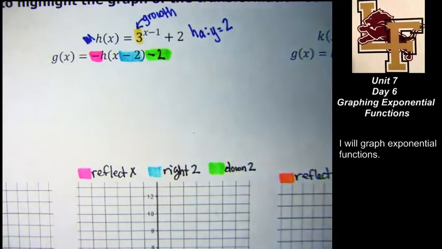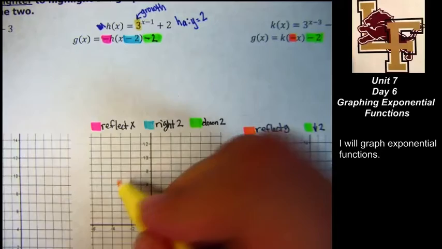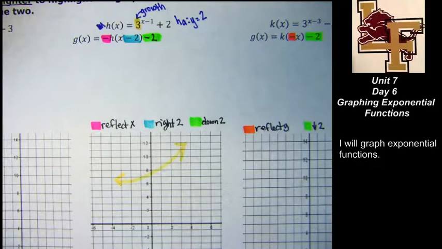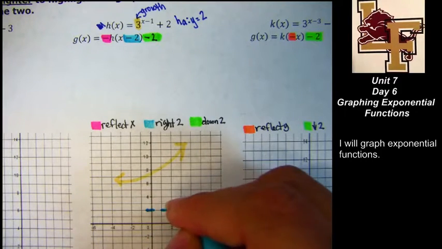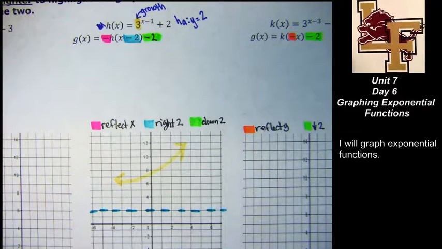All right, now when I go to my graph, I know that this thing is going to look something like that, and that I have an asymptote at y equals 2. That means toward the left, and there's no reflections, right? No reflections on the growth.